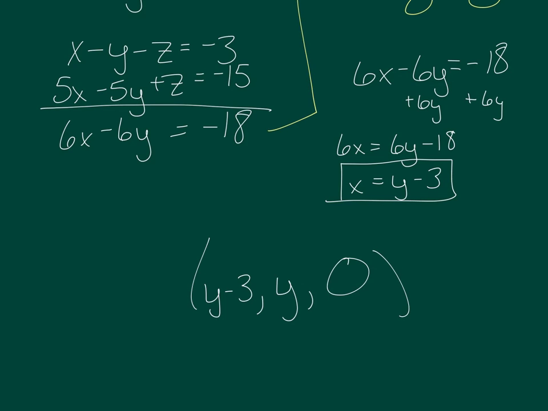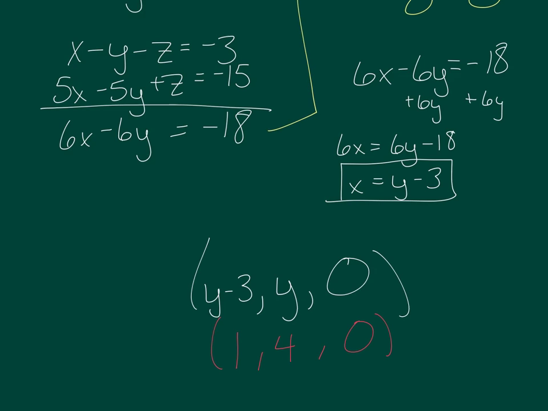So now I have anything of the form y minus 3, comma, y, comma, 0 will be a solution of this system. So for instance, if my value of y is 4, that means anything where 4 and then 4 minus 3 is 1, and then my z value is always 0, that would be a solution of my system.